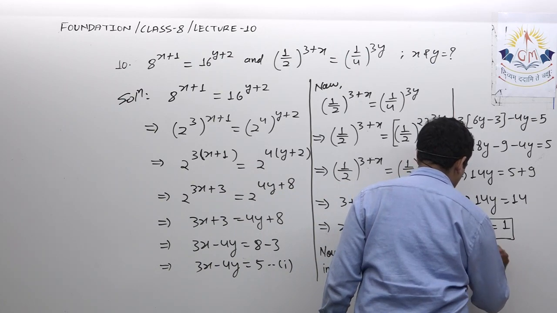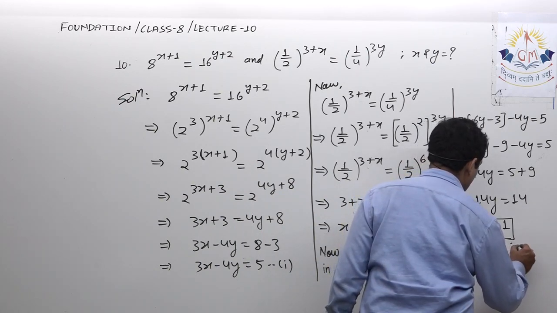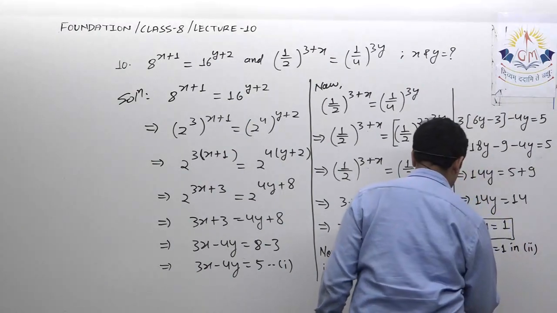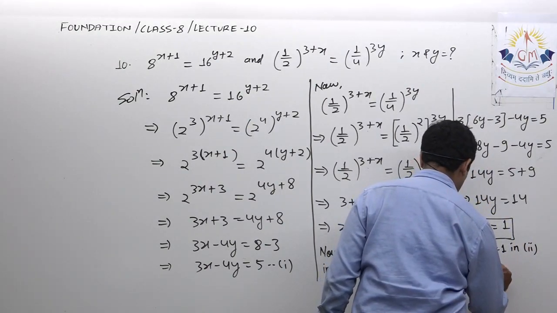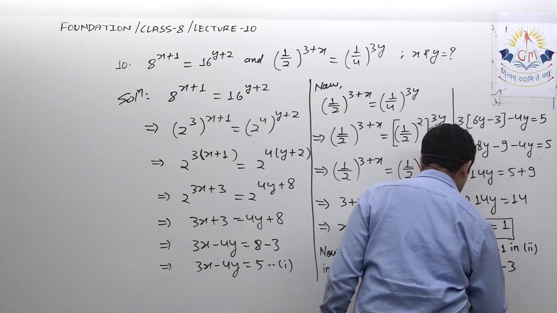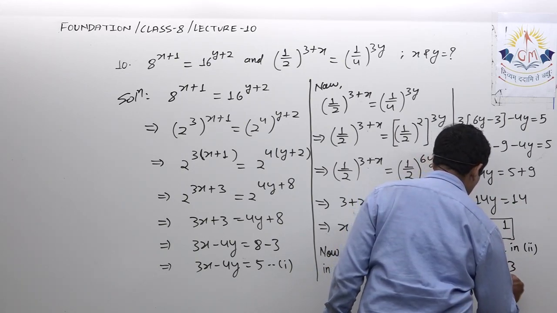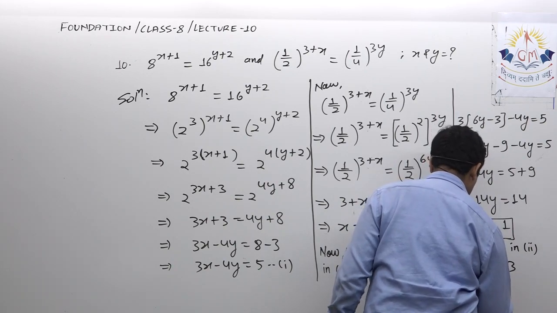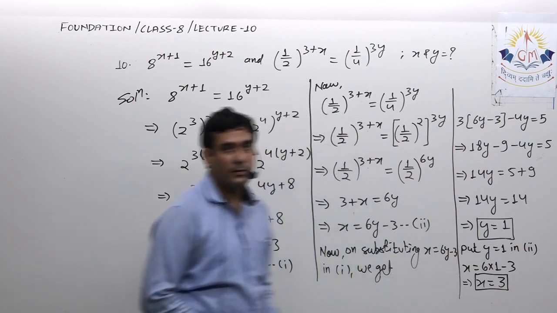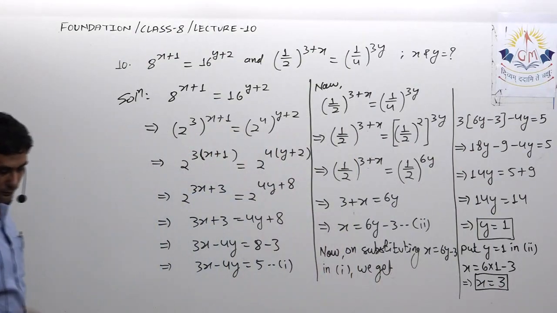Now put y equal to 1 in the second: x is equal to 6 multiplied by 1 minus 3. Therefore x is equal to 3. So these are the values of x and y. Please note it down.